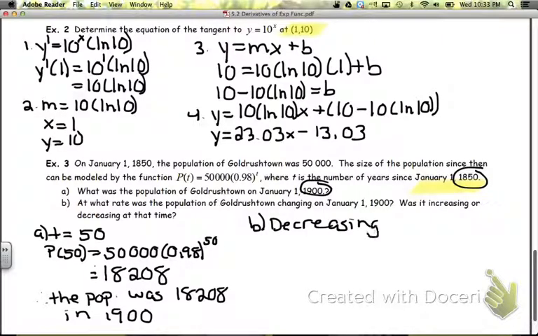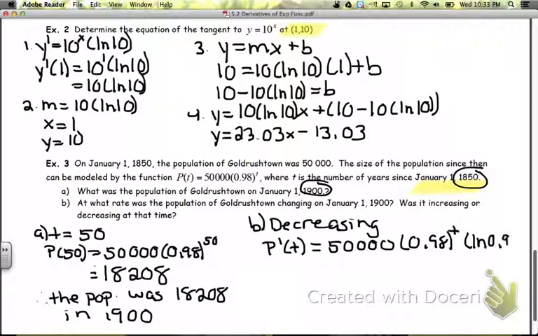But by how much? So to find that, what we're going to do is take the derivative of our function. So when we do that, we have 50,000, which is just a constant, right, times our 0.98 to the power of t times ln 0.98. So that comes from your exponential function and taking the derivative of it. So when I calculate that, I'm going to get negative 1010.135 times 0.98 to the power of t.